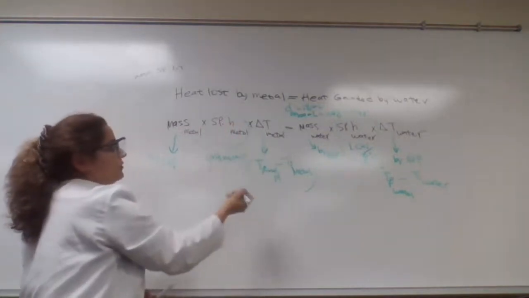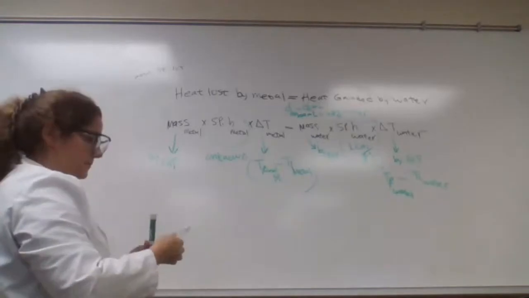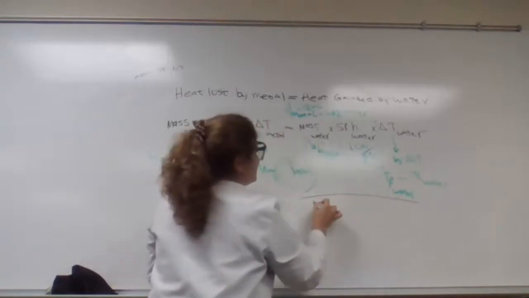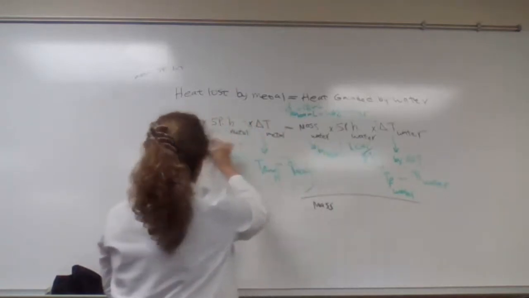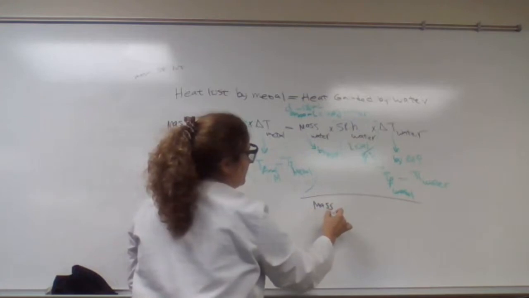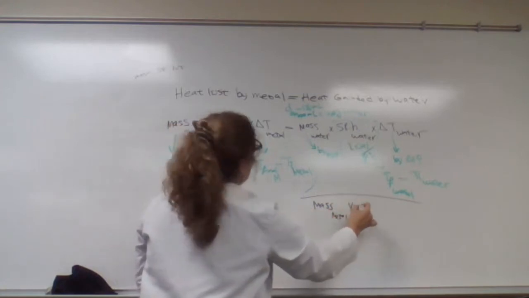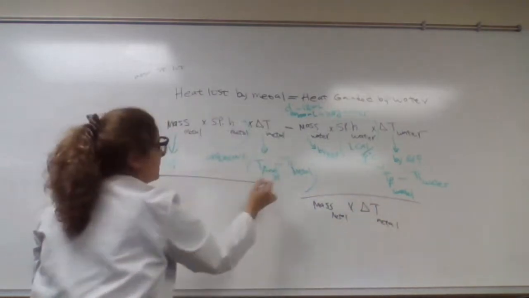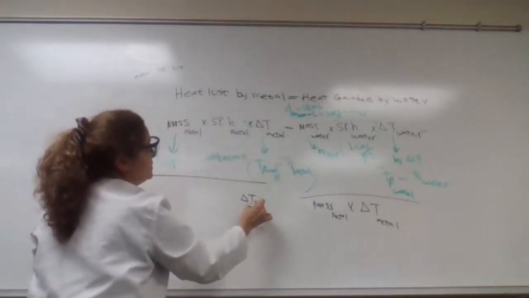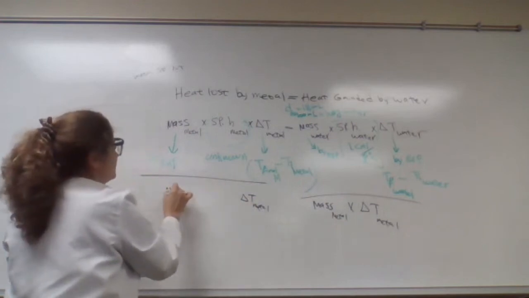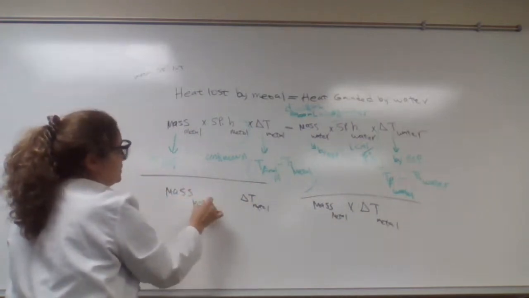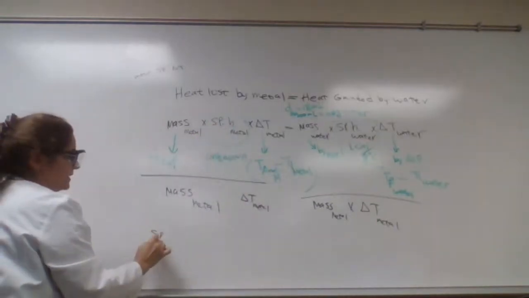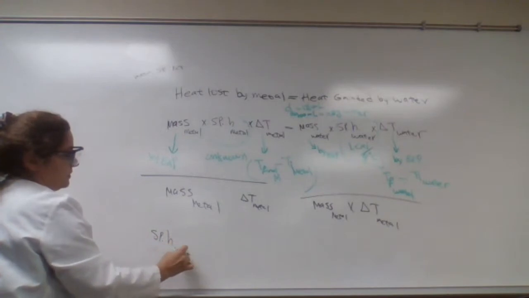So basically, you divide both sides of the equation by mass of the metal times change in temperature for metal. If you divide both sides, then you end up with the value for the specific heat for metal.